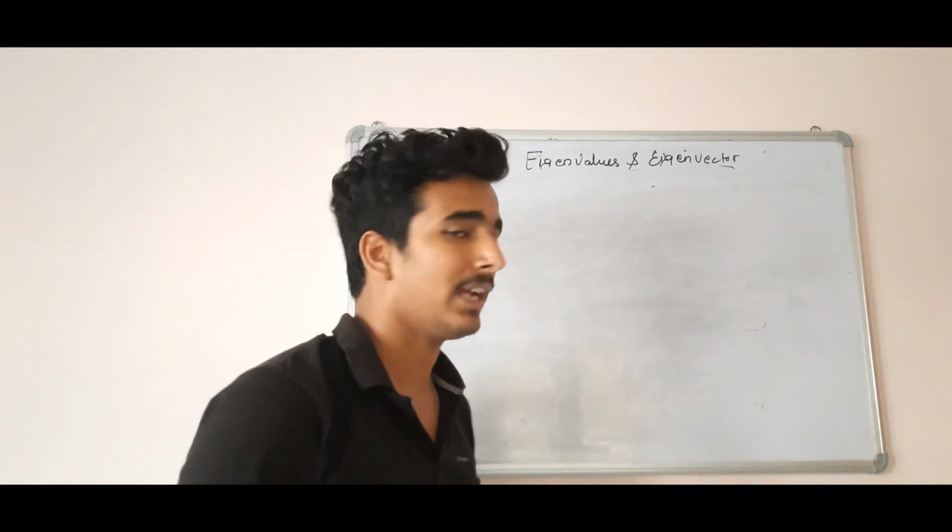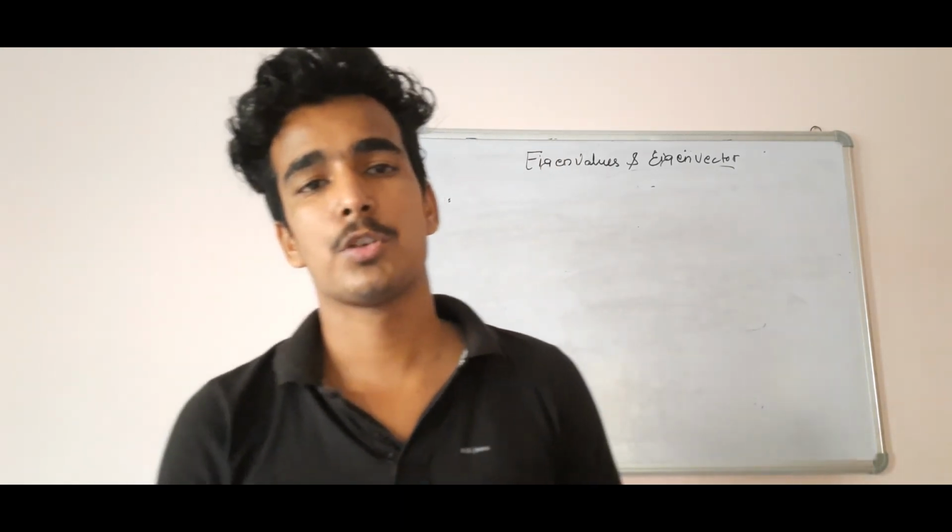In today's video we got an interpretation of eigenvalues and eigenvectors. I know the examples are very layman, but what I wanted to do is give you a feeling of eigenvalue and eigenvector, how these phenomena are used in physics, and why they are important.